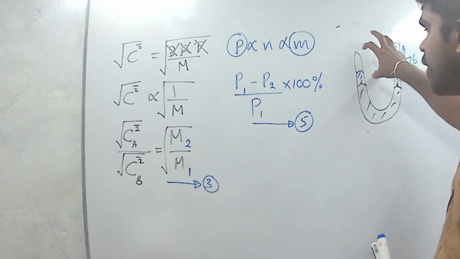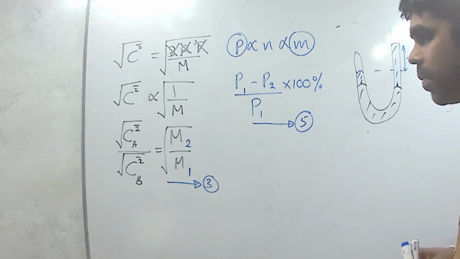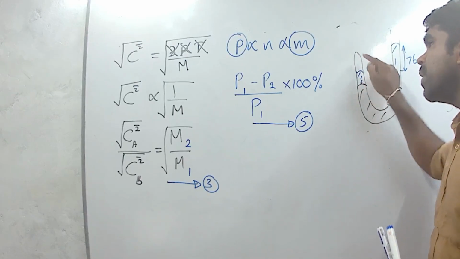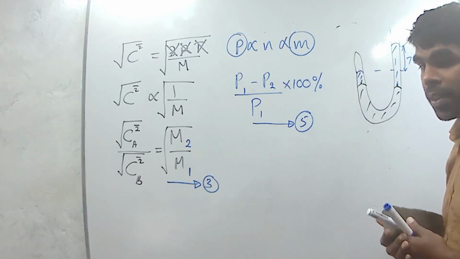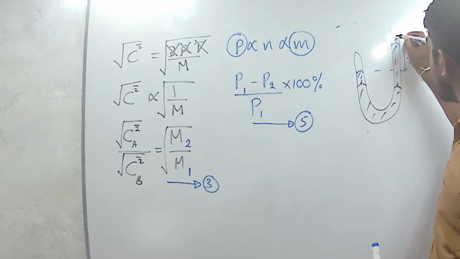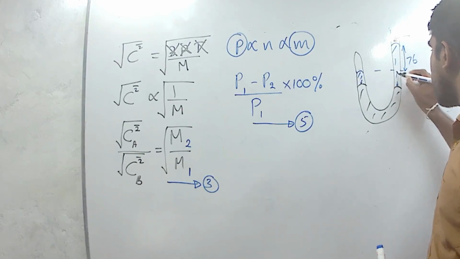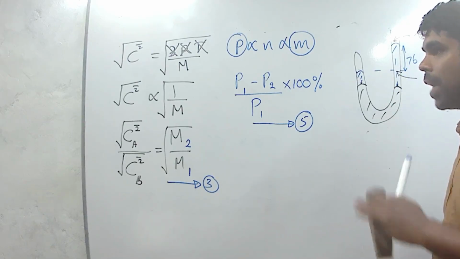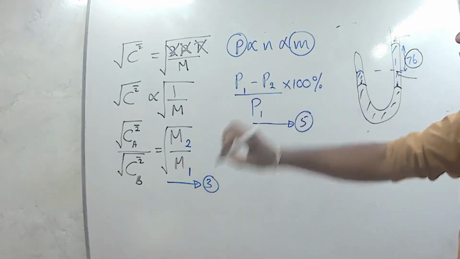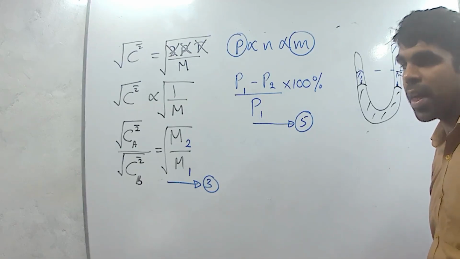As a result, pressure should be double, because in the initial situation the gas column is at atmospheric pressure. For this situation, pressure at this place is atmospheric pressure. Pressure at this level is atmospheric pressure plus H rho g. But this value also equals the atmospheric pressure in mercury centimeters.